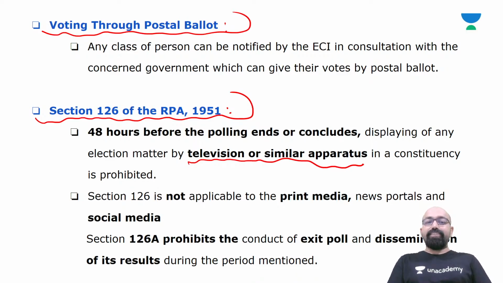Section 126 is not applicable to print media, news portals and social media. Section 126A prohibits the conduct of exit polls and dissemination of their results during the period mentioned.